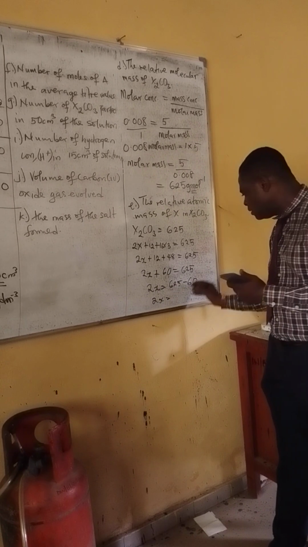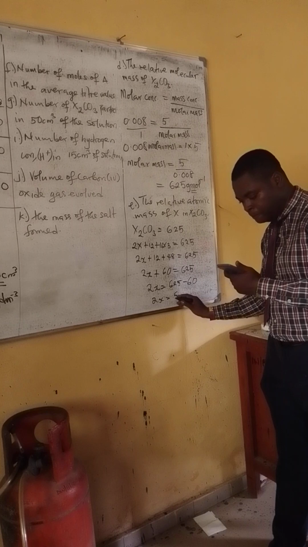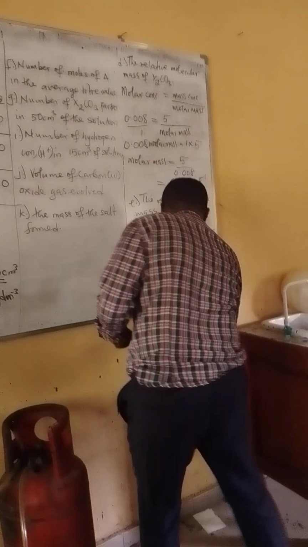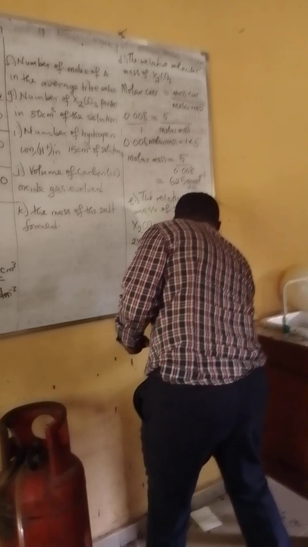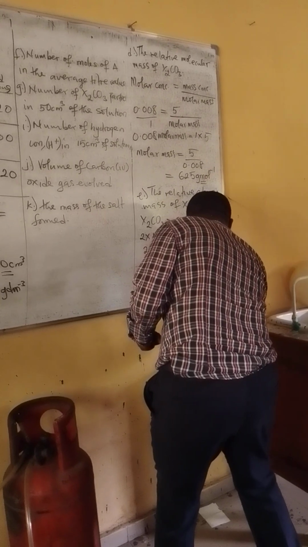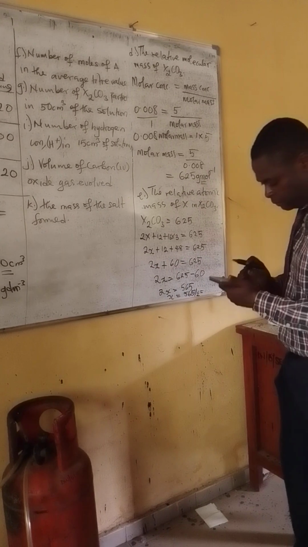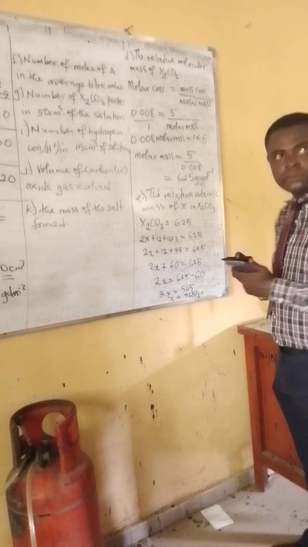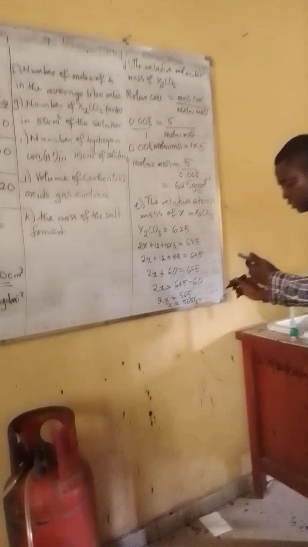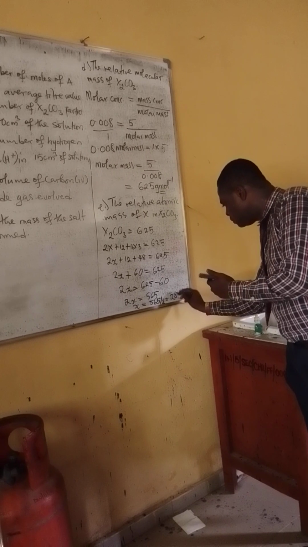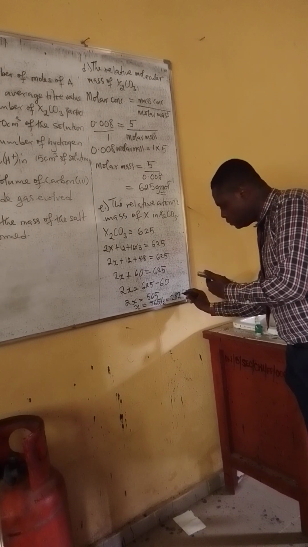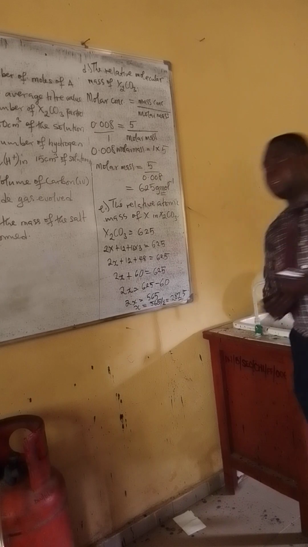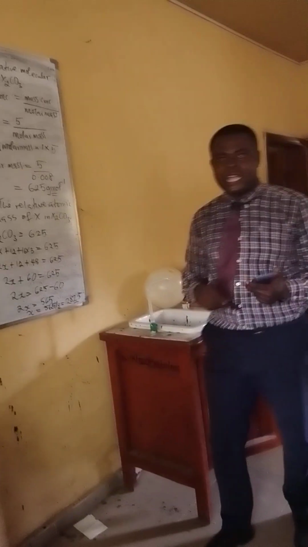Answer is 565. Now, to get x will now be 565 over 2. And that will give us the answer 282. No SI unit. Now, that is that for that.